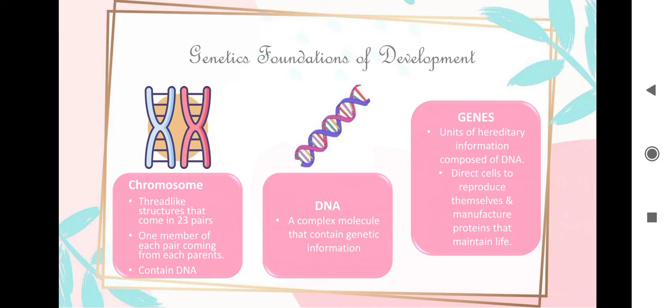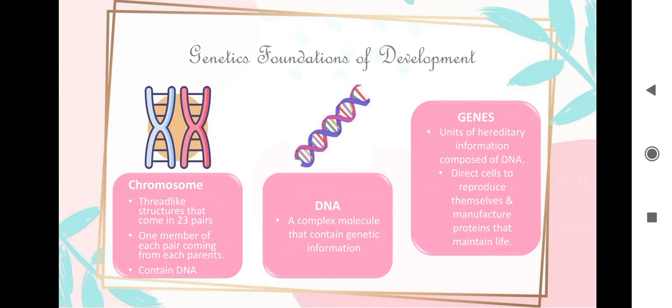So in one cell there are 23 pairs of chromosomes. One member of each pair comes from each parent, so from father and mother, each chromosome combines to become a pair.